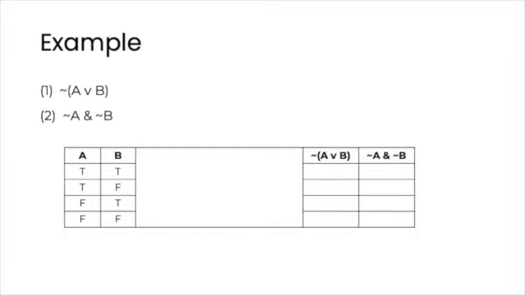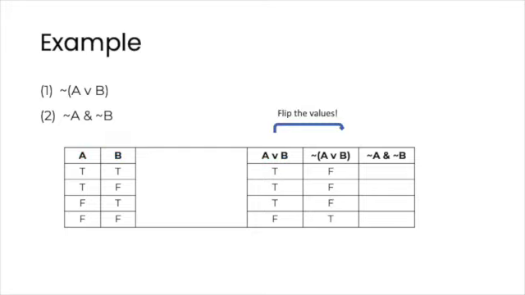However, each of these sentences is itself composed of complex sentences, so we need to devote a column for each of the components. Sentence 1 is not, open parenthesis, A or B, close parenthesis. We can see that it contains A or B, so we can start by making a column for it. Then, to fill the column for not (A or B), we simply flip the values in the column we just built.